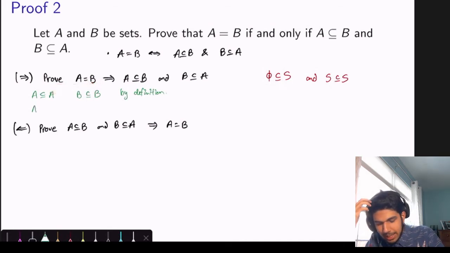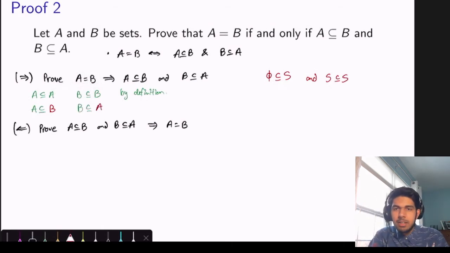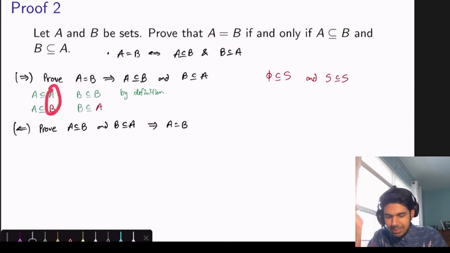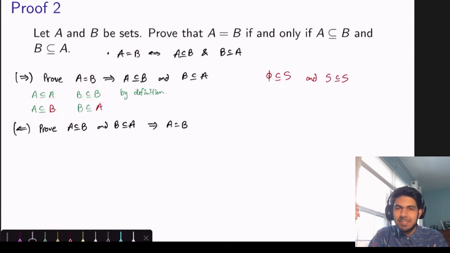That would tell us that A is a subset of B, and why don't we take this A and put it where we see this B, and that would tell us that B is a subset of A. So we made these changes just by the fact that these two sets are equal. And so we've proven it, right? Because that's what we wanted to show here. So that was pretty easy.